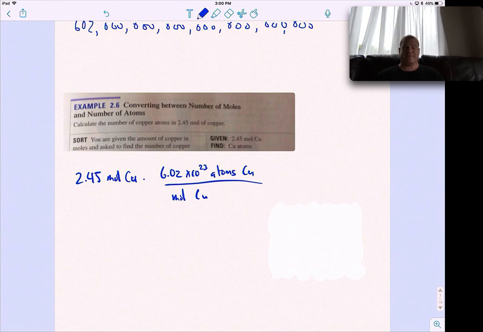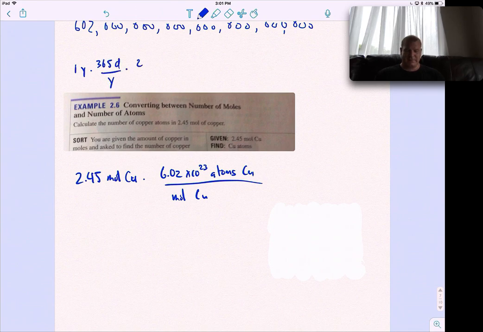This is something called dimensional analysis. If I were to ask you, how many seconds are there in a year? Does anybody know how many seconds there are in a year? I don't off the top of my head, but I can figure it out. I can take 1 year and multiply it by 365 days in a year.